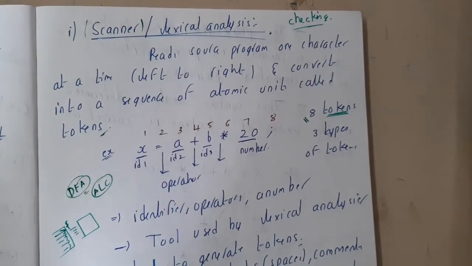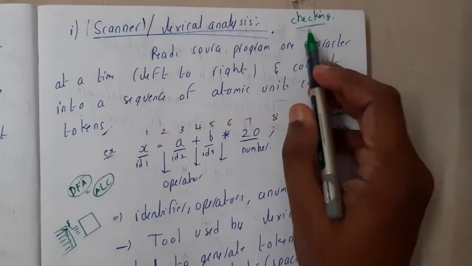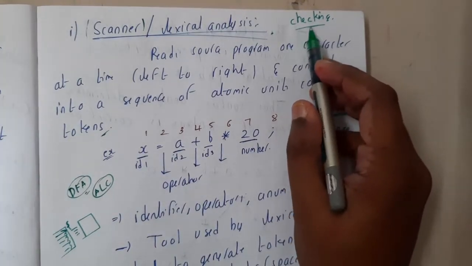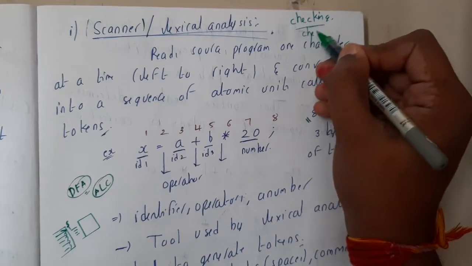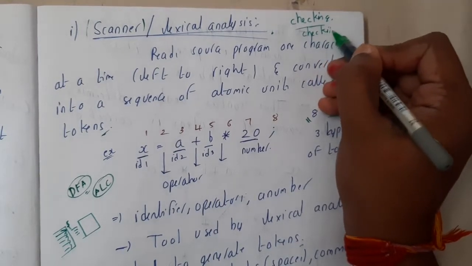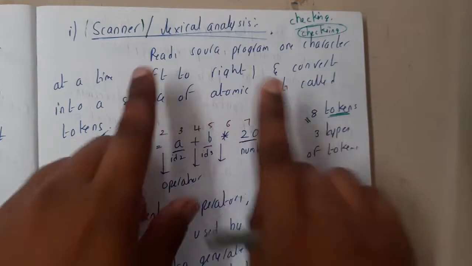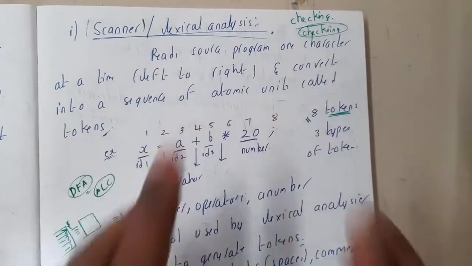I assume that it is the correct spelling. If I write anything other than this, it is going to recognize that. The work of the lexical analyzer is to check the spellings.